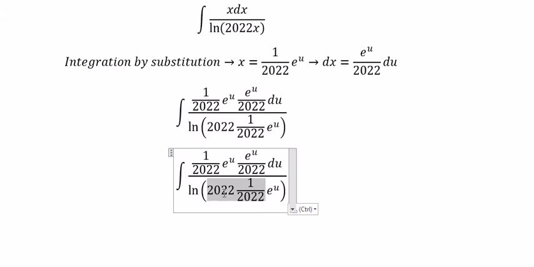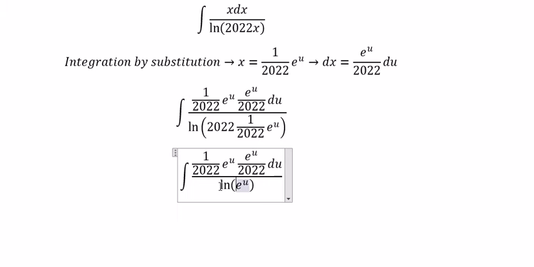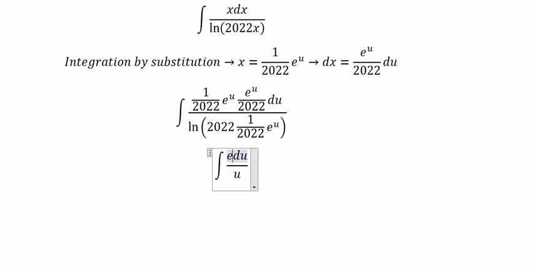So this one they will simplify, and you got u. This one we can put e to the power of 2u over 1 over 2022 squared.